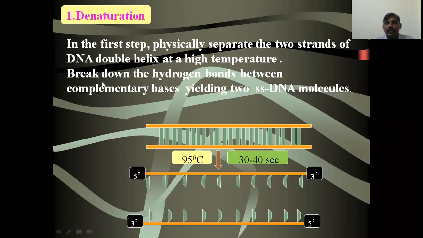The high temperature breaks down the non-covalent interactions, including hydrogen bonds between the two strands, leading to formation of two single-stranded DNA molecules. This is known as denaturation.